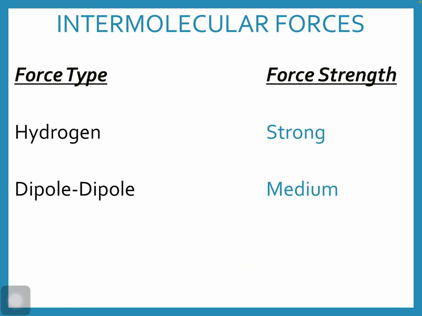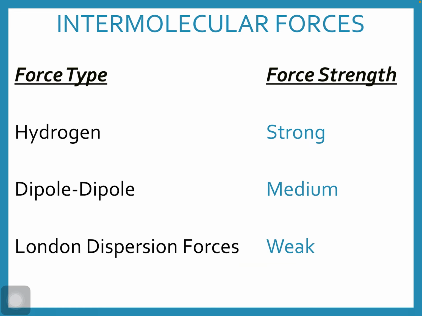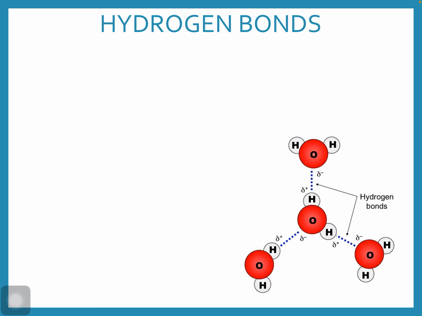Hydrogen bonds are actually a type of dipole-dipole, but they are stronger than other dipole-dipole bonds. And then we have London dispersion forces, which are very weak. And everything has London dispersion forces, but if it has a stronger type of force, then that is what becomes more important.